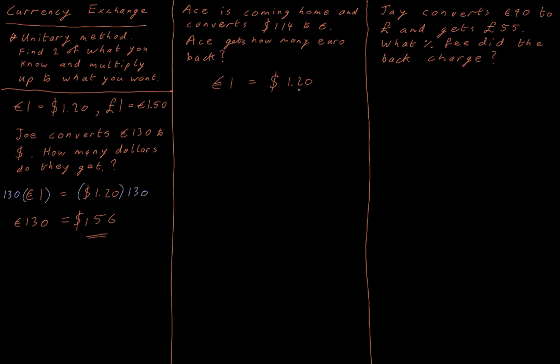I need to figure out what $1 buys me in euro. Well, I know any number divided by itself is always going to be 1. So if I divide the dollar side by 1.20, that is going to give me $1 on the right hand side. And then I want to do the same thing on the other side of my equality to keep my ratio the same. When I put that into my calculator, I actually get a fraction.